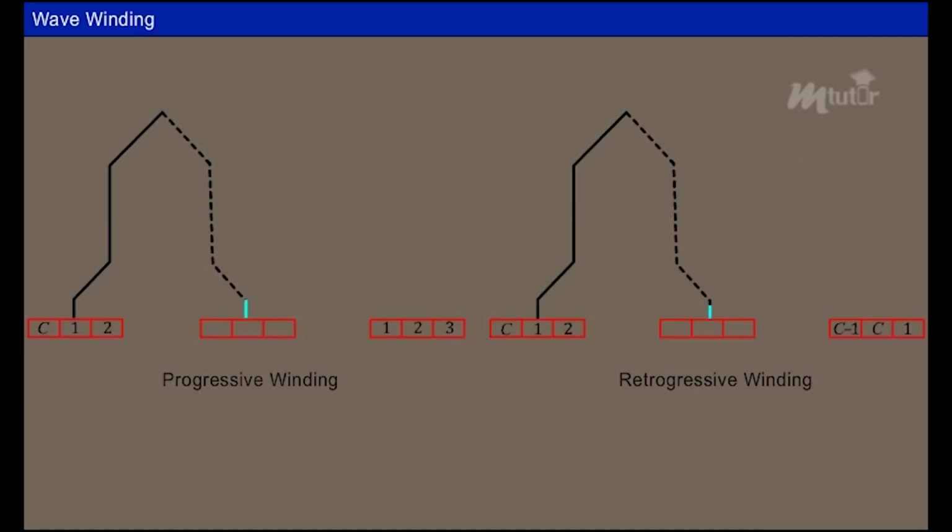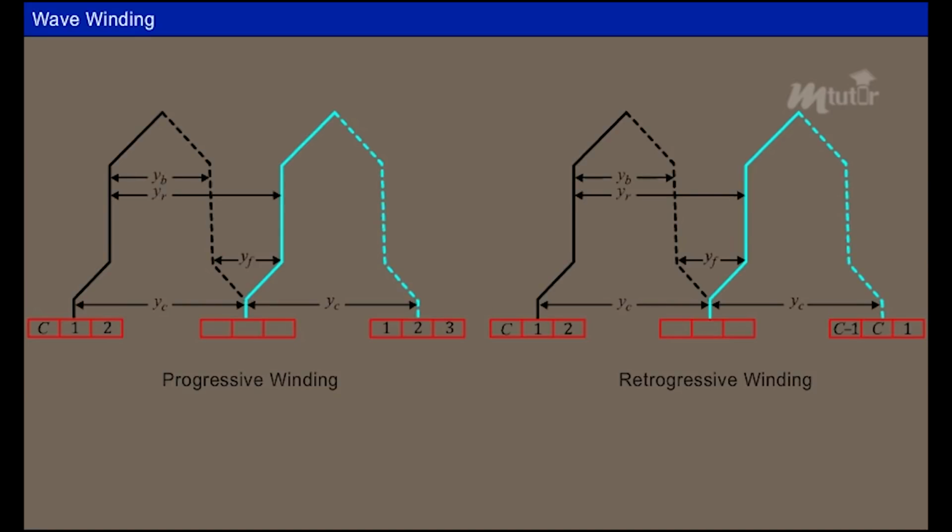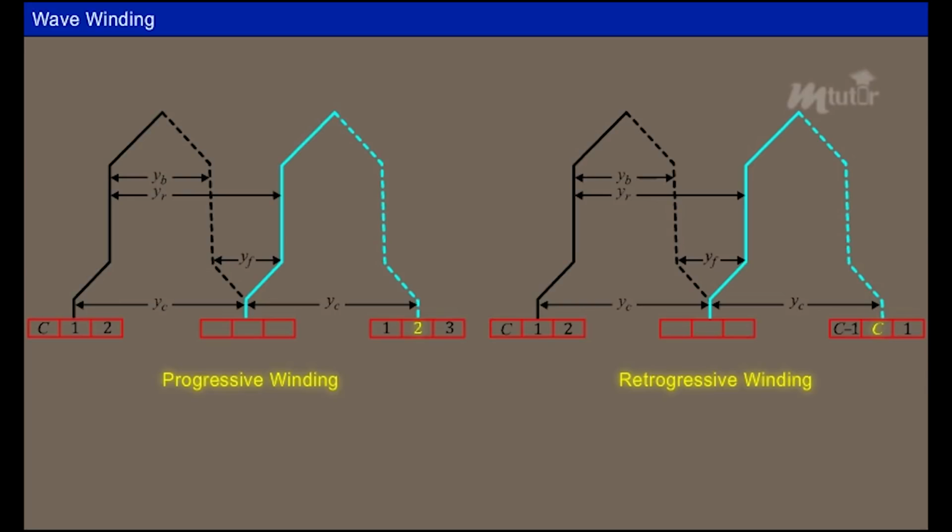Considering a 4-pole machine, the simplex type of wave winding is illustrated on the screen, as a second coil end traveling once around the commutator is connected to a commutator segment just ahead or behind that of the starting end of the first coil for progressive and retrogressive type winding, respectively.